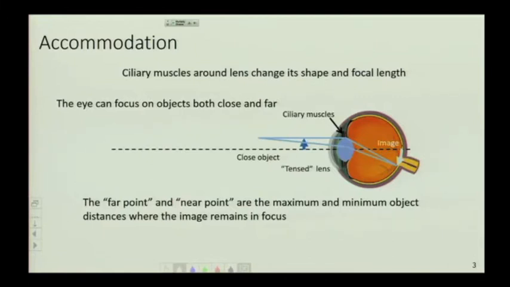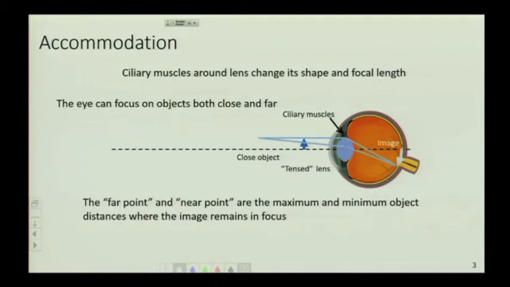And if you're either born with an eye where there is some defect, like this distance is too great, or you are aging and your eye lens is less able to accommodate, something called presbyopia, then nearby objects are no longer in focus, and my near point has moved to something greater than 25 centimeters.